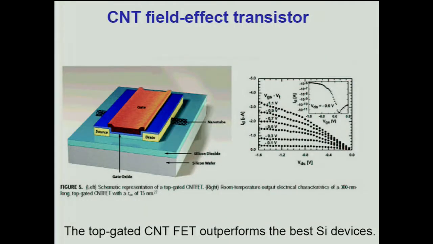These are the CNT transistors where the nanotube has been put inside and we put the gate on the top. There have been reports which say the top gated CNT FET outperforms the best silicon devices. So, if you put your nanotube in between over here, it performs a lot better than the silicon transistors.